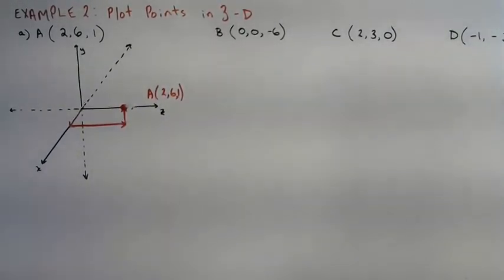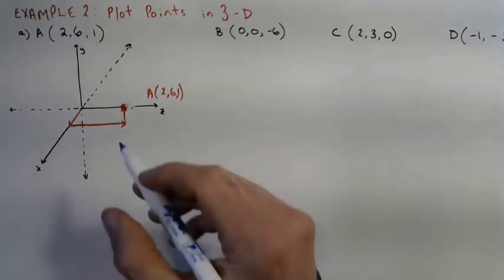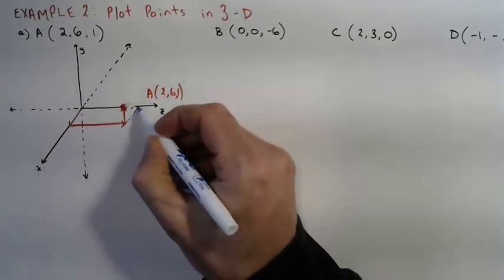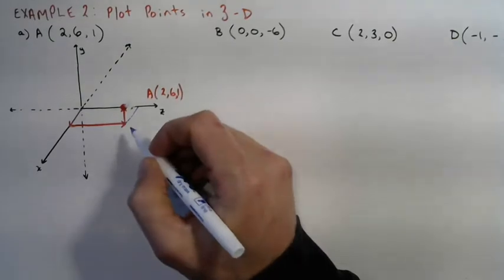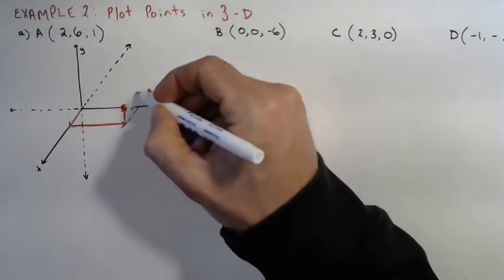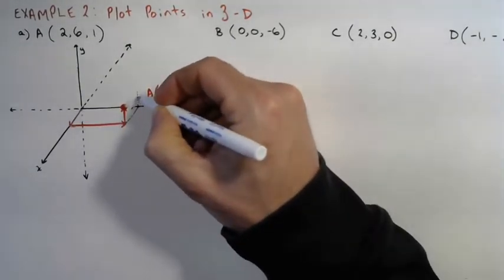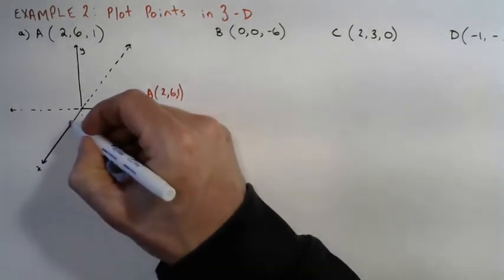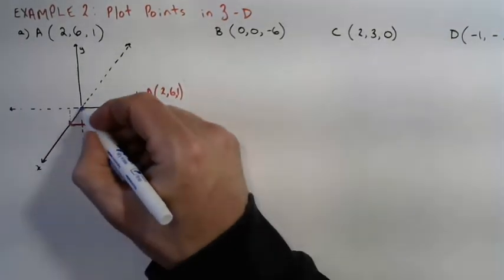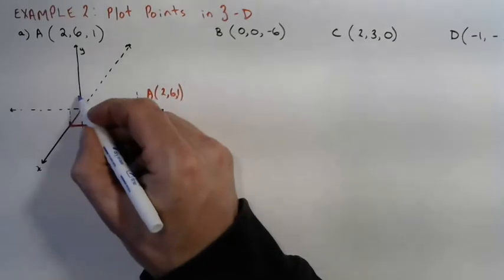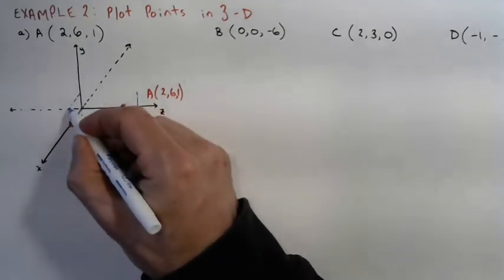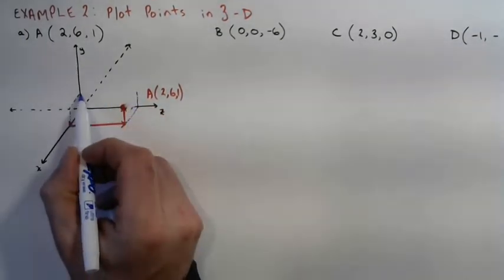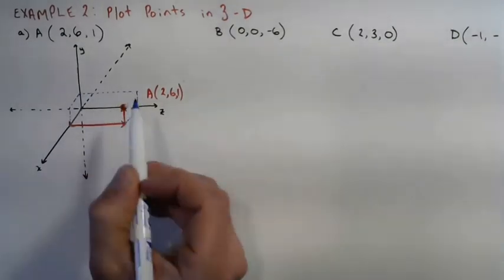And again, if you want to double check that you've done the right thing, you can finish out this diagram. From here I'd go 1 vertically along the y. From here I'd go 1 vertically along the y. From here I go 1 vertically along the y. Here I'm going to have my positive 2 along the x. Here I'm going to have my positive 6 along the z.